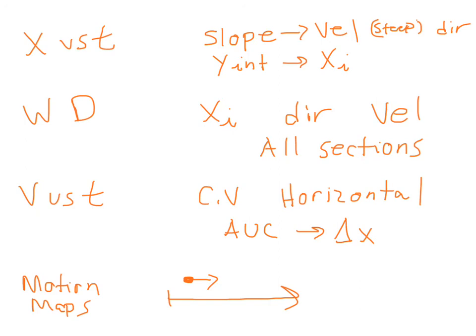So an object with this arrow that's here, the orange one, versus an object whose motion map looks like this. The orange one is moving considerably slower, but in the same direction as the green one. So the length of the arrow is giving us an idea of how fast.